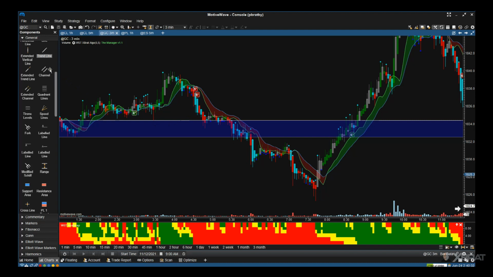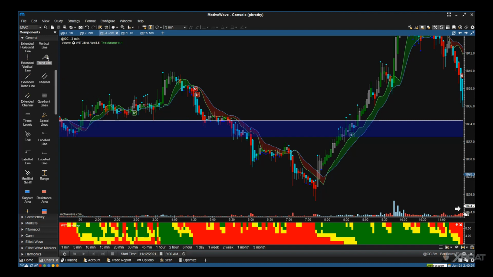This is the way I would play it: I would look for an entry breaking the support and be very tight on the stop, because remembering, we're scalping. I want a stop just above that support zone, and maybe these pivots here. Initially, that's where my stop would be, there or thereabouts.